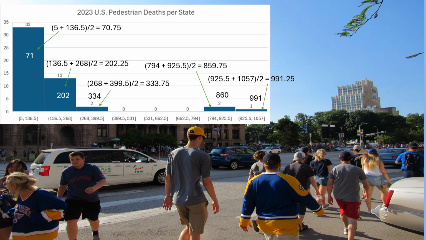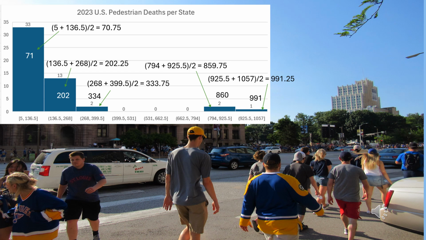And the second category, the middle is 202. I got that by taking the low end point and the high end point and adding them and dividing by 2. That gave me a middle of technically 202.25, but we're going to round to the nearest whole number.